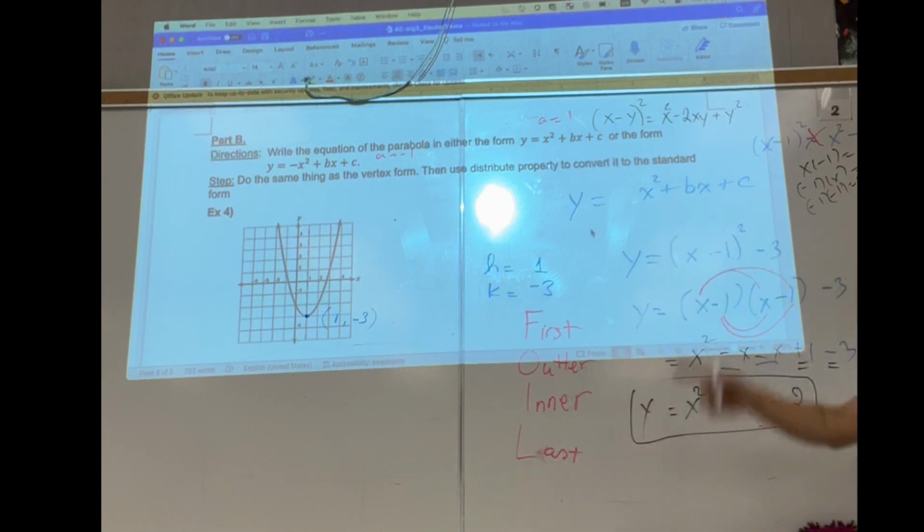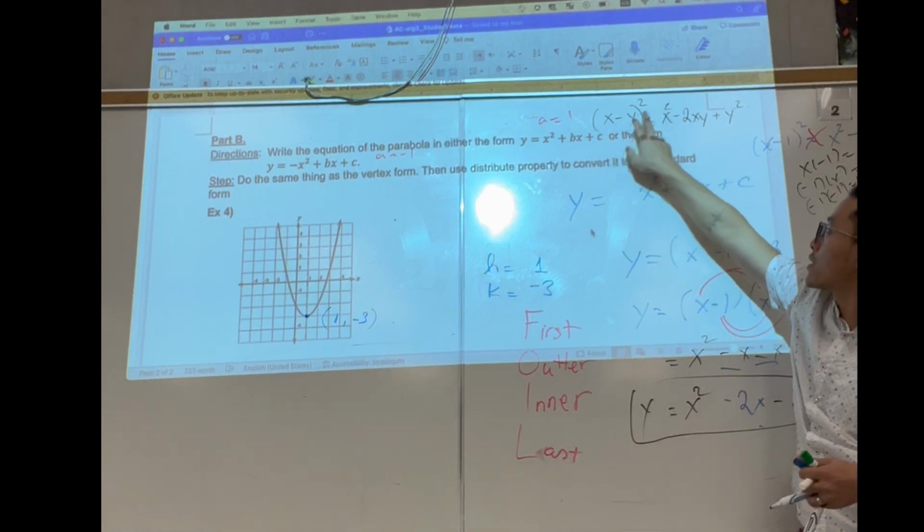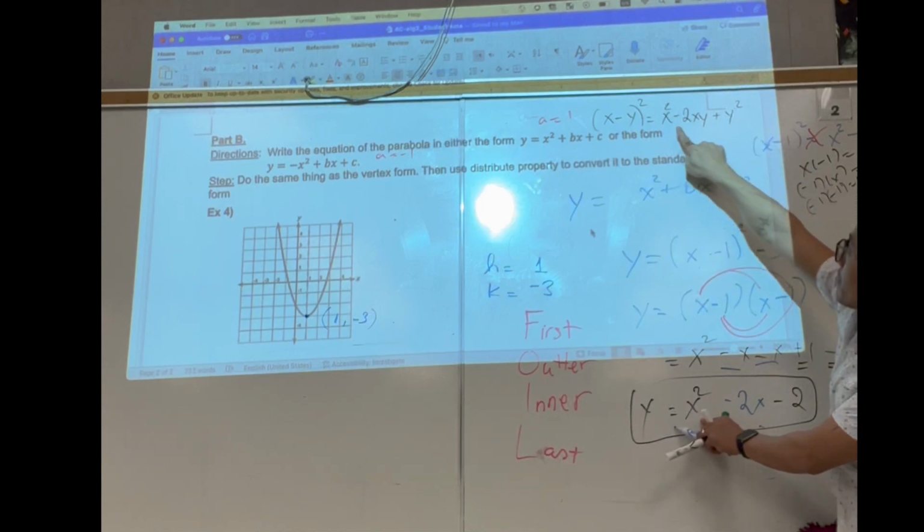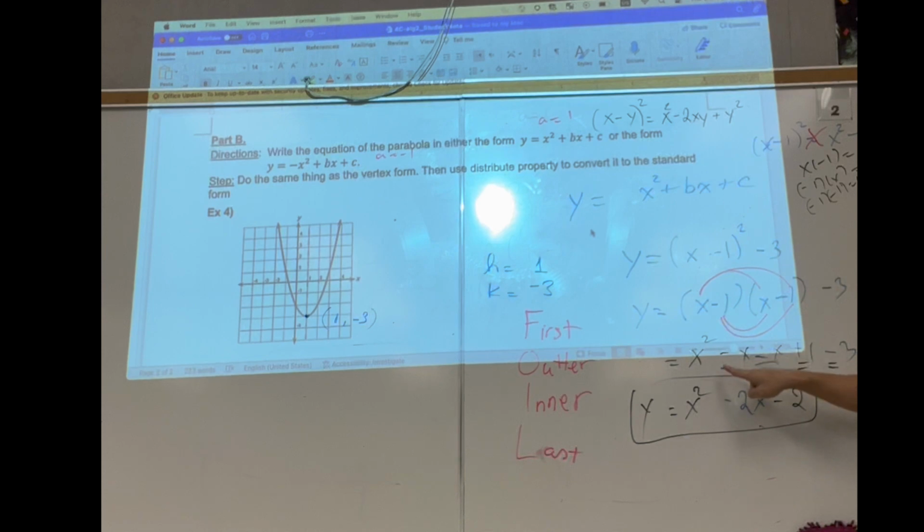You're going to learn all the formulas. If you look at this, it's actually here. So (x minus 1) squared is x squared minus 2x, and the last one, plus y squared, means plus 1 squared, so plus 1. If you know that formula, you don't need to distribute. But don't worry about it if you don't get this. We're going to learn that later.